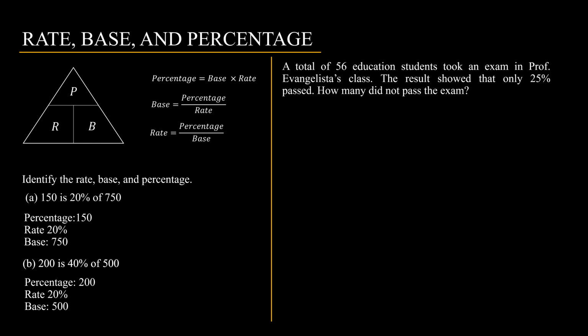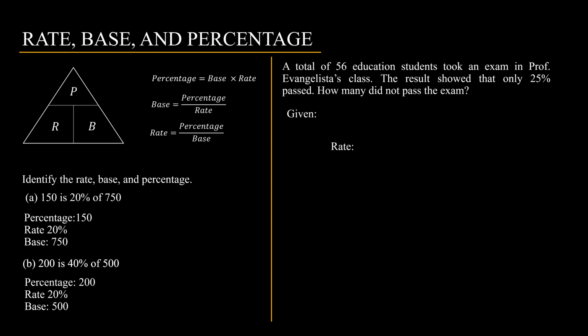We have here another sample problem. A total of 56 education students took an exam in Prof. Evangelista's class. The result showed that only 25% passed. How many did not pass the exam? Para mas madaling maintindihan yung problem, identify natin yung mga given. What is the rate sa problem na to?